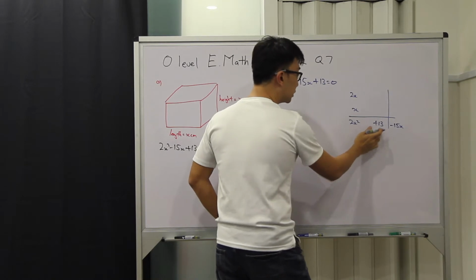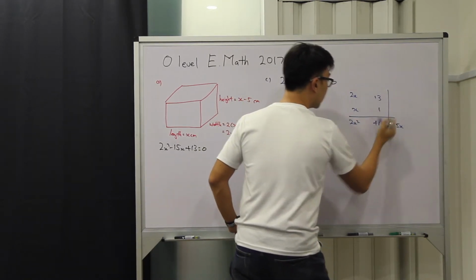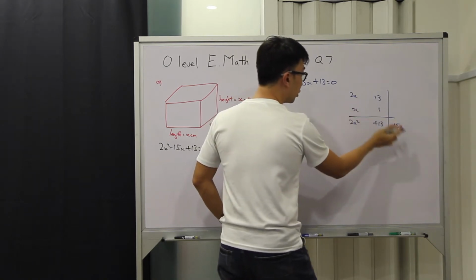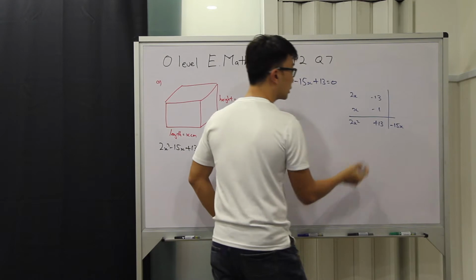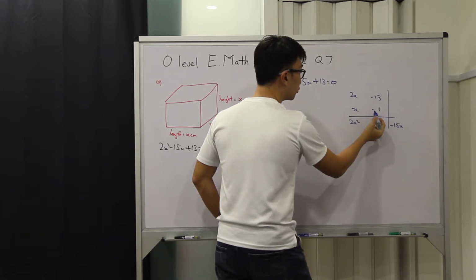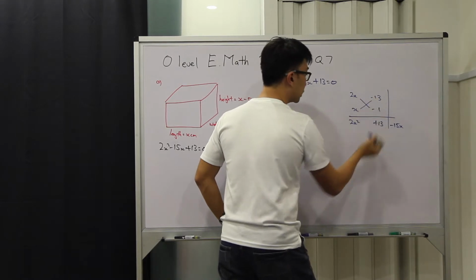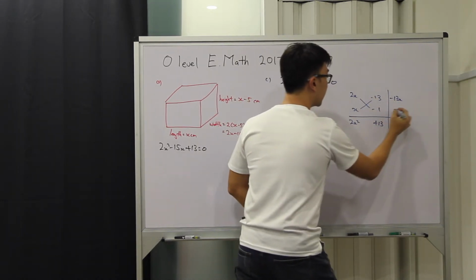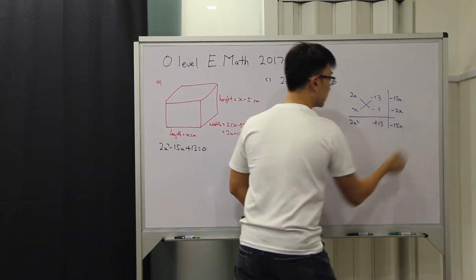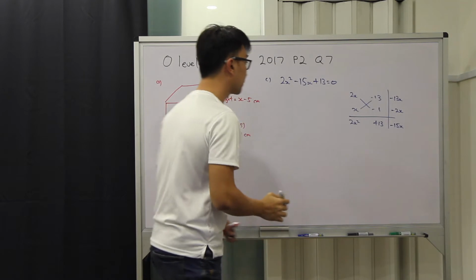In order to get 13, we can consider 1 and 13. So let's try. However, in order to get a negative 15x, we can use the negative 13 with negative 1. When we do cross multiplication, we'll have negative 13x and negative 2x. That will tally with our negative 15x.